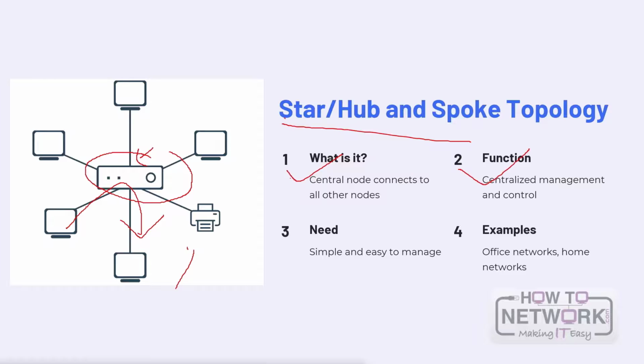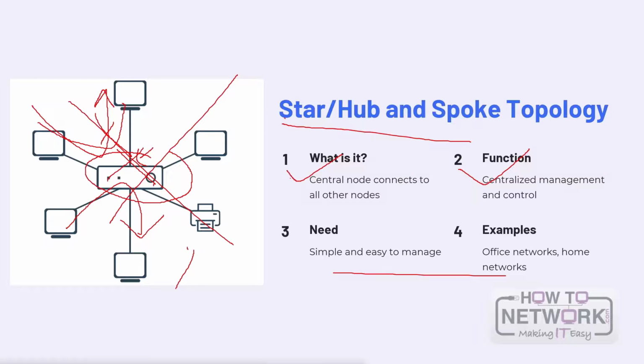particularly in terms of scalability and fault tolerance. If the central hub or the switch fails, the entire network becomes disconnected, disrupting communication between all devices. Another drawback is the potential for performance bottlenecks, especially in high traffic networks, as all traffic must pass through the central hub.